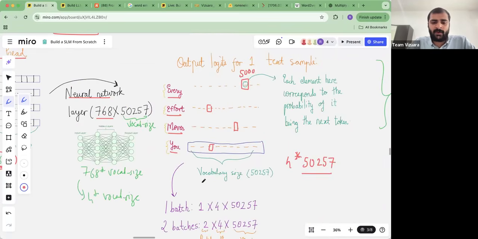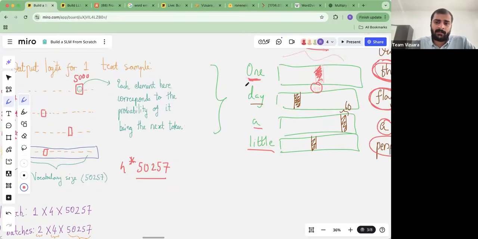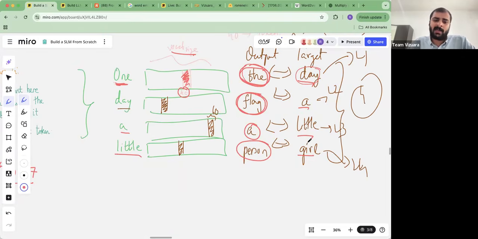Now we have a 50257 row vector for each token. We just look at the index with the maximum probability and we predict the next token from our model. Of course, these predictions will be very bad initially because we have initialized all the parameters randomly. And later we will compare it with the actual ground truth values.